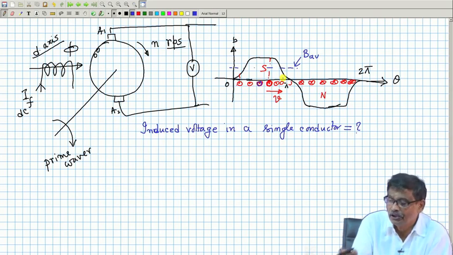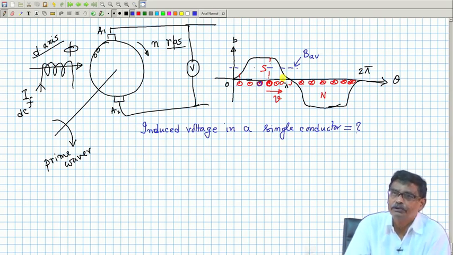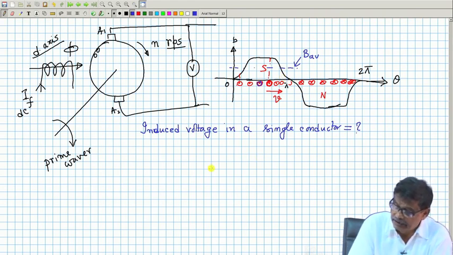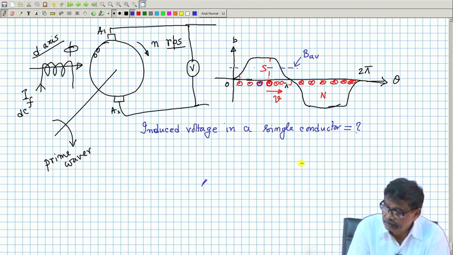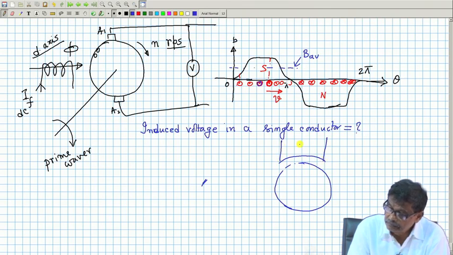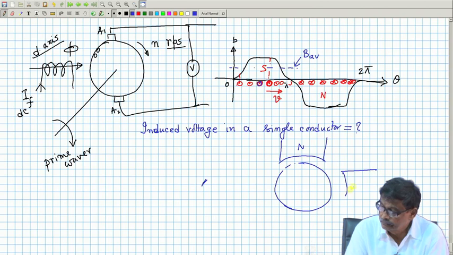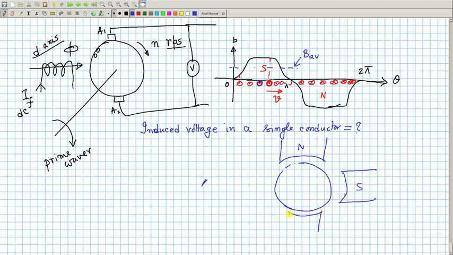Now, the big question is how to calculate B average. That calculation is also very simple. See, if you look at this diagram, suppose it is a multipolar machine, I will draw it here, say 4-pole machine, this is suppose north pole, this is the south pole, this is once again north pole.